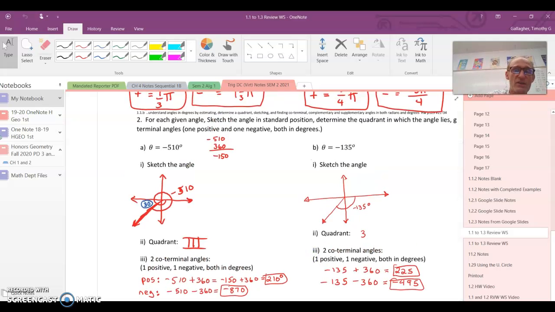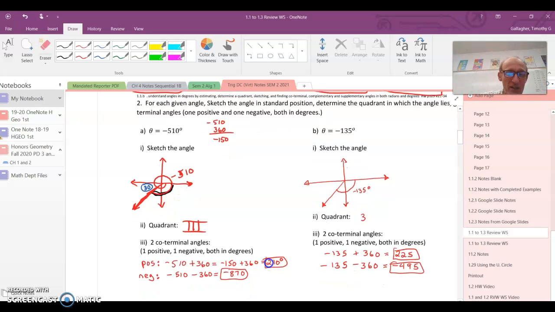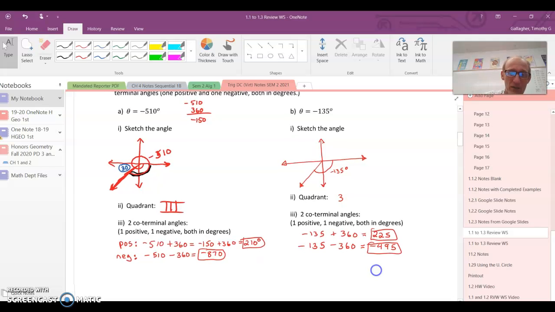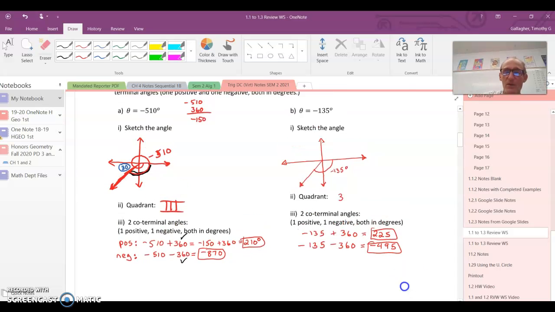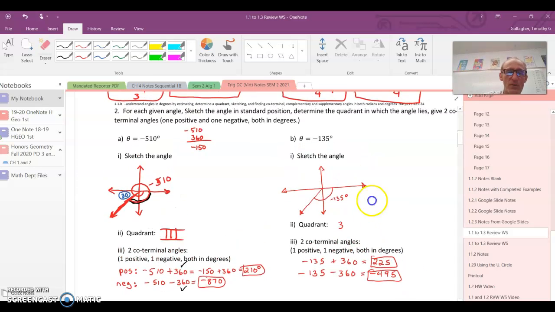So negative 510 is another 150, and then you're going to get a 30-degree angle right there. These work the same way to find the positive and negative coterminal angles, where you have to add 360 or subtract 360. And you're going to be doing the same for number 2.